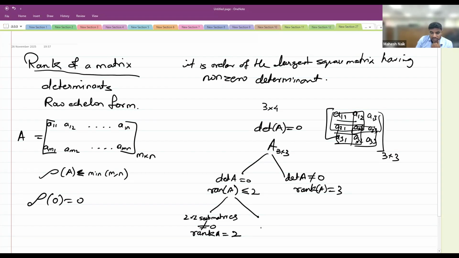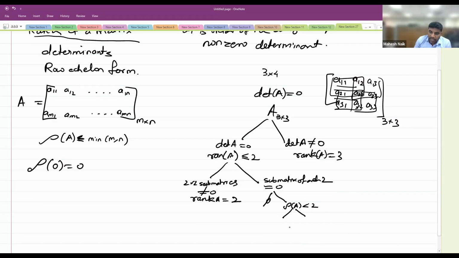But if at least one submatrix has determinant equal to 0, then we can talk about the rank of the matrix being strictly less than 2. Now there are only two possibilities. When we come below 2, the rank will be either 1 or 0. 0 will happen only if A is a null matrix. And if A is not a null matrix, then the rank will be equal to 1.